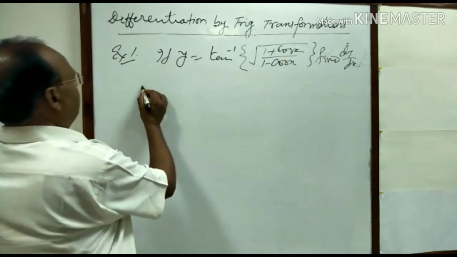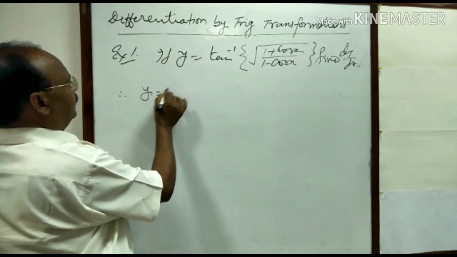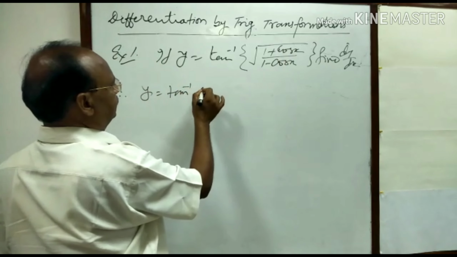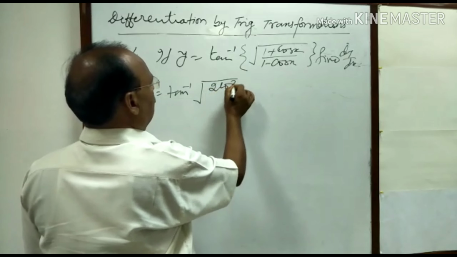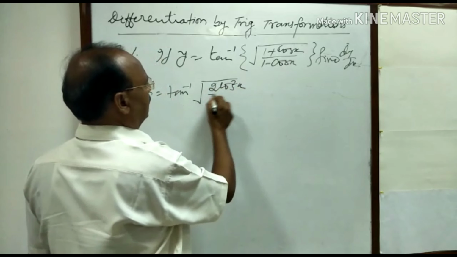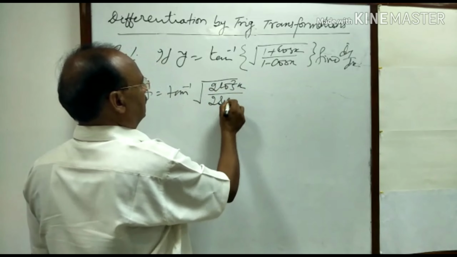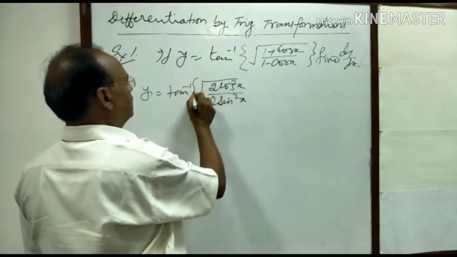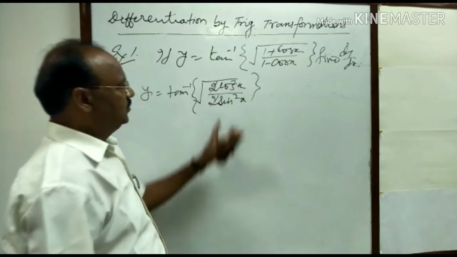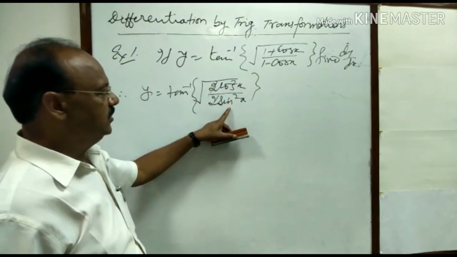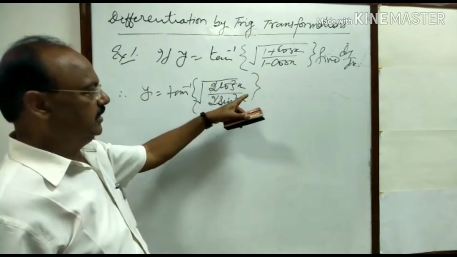So we can write here, therefore y is equal to tan inverse root over 2 cos square x upon 2 sin square x. 2 will be cancelled out, and cos square x by sin square x is cot square x, and square root is cot x.